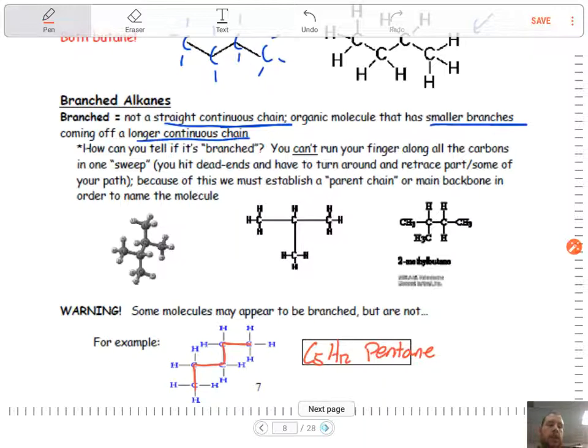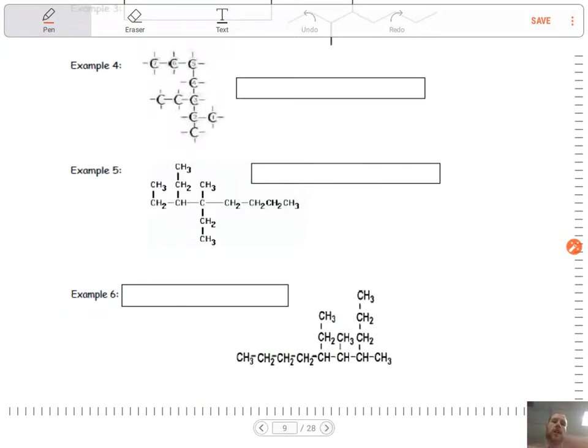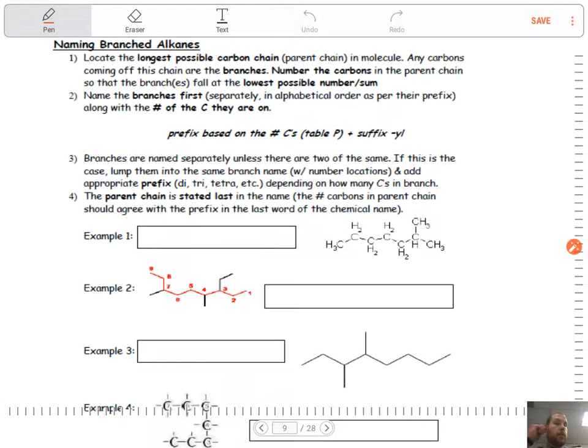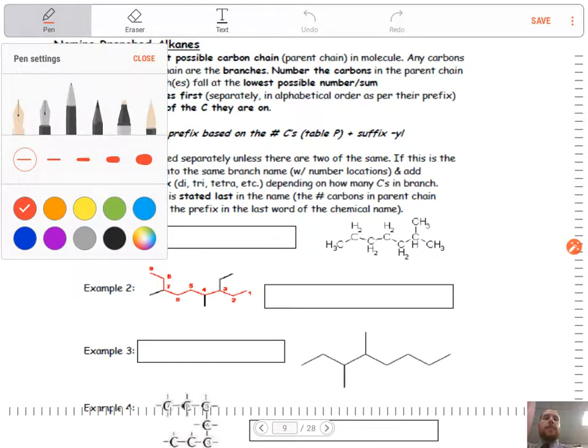All right, so let's take a look at these examples here, naming some branched chains. It's much easier to write the names of straight chain alkanes, and that's the example we just did. You just count up how many carbons and figure out the formula, bam, and you just change the ending. However, when we're naming branched ones, it's a little bit different.